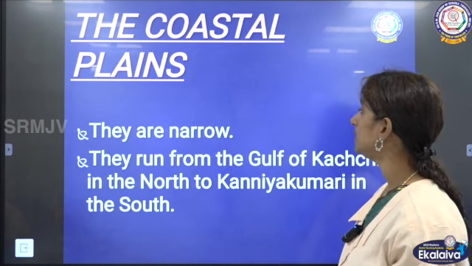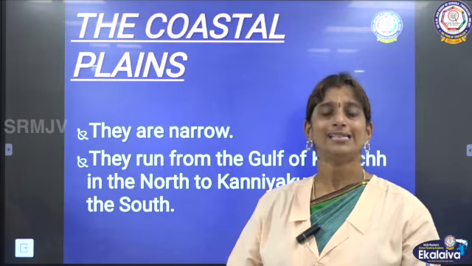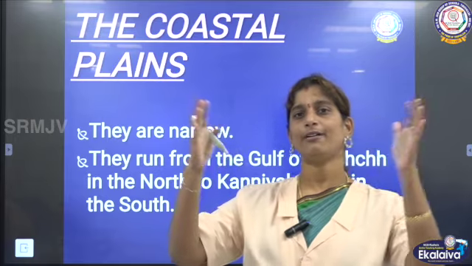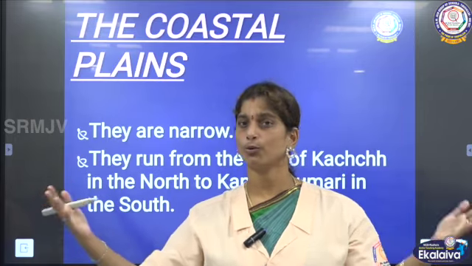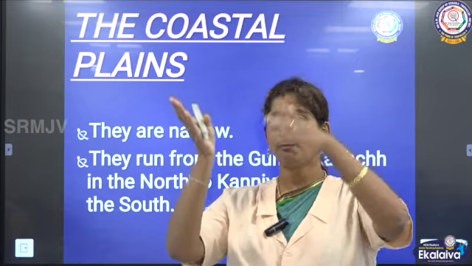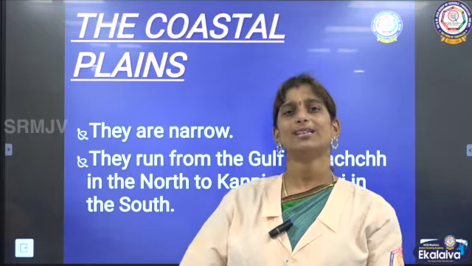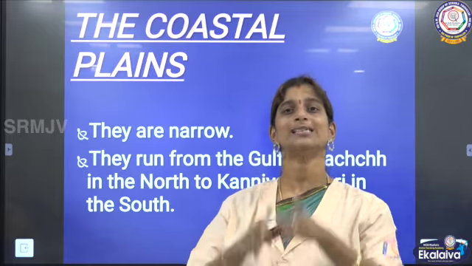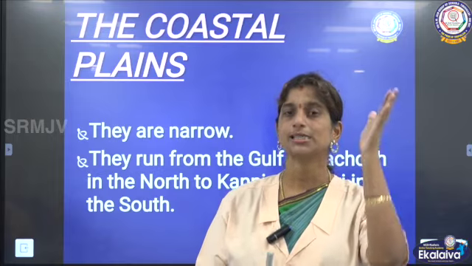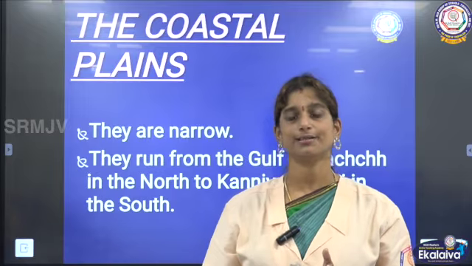So as we know, these places are very narrow. Why is it narrow? Because we have oceans on both sides, east and west, and the coastal plains are the places which are just near to those oceans, but it is very narrow because on the western side we have Western Ghats and on the eastern side we have Eastern Ghats.